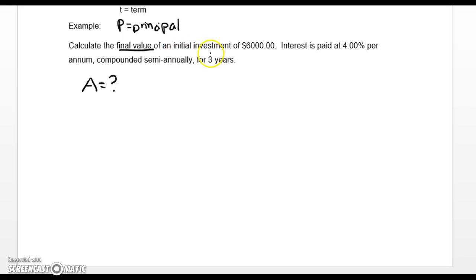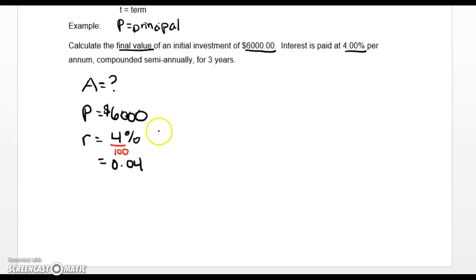We're told that the initial investment was $6,000, which is your principal. Your interest rate paid is 4% per annum, which is 4% per year, so your R value is 4%. But remember, we want this as a decimal, so we divide this number by 100, which gives us 0.04.